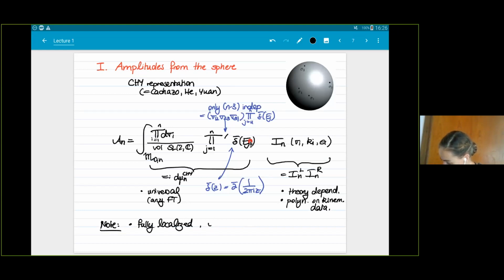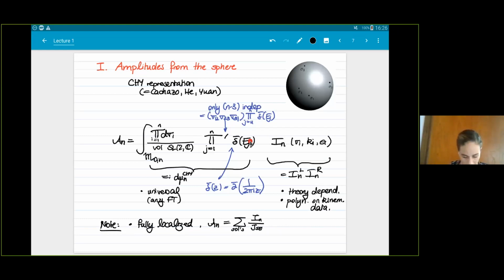And in particular, that means we could write the amplitude instead, if we wanted, as a sum over solutions to these scattering equations, with the integrand on top and the Jacobian from solving the scattering equations in the denominator.